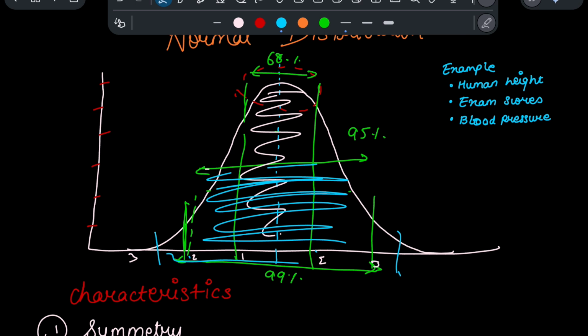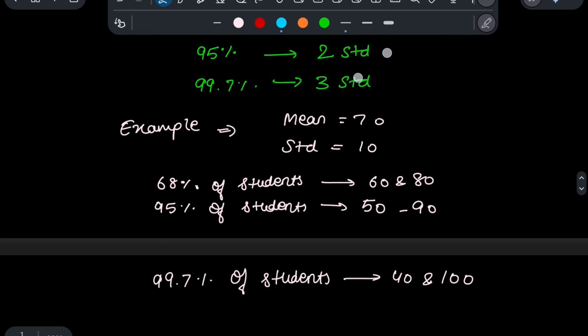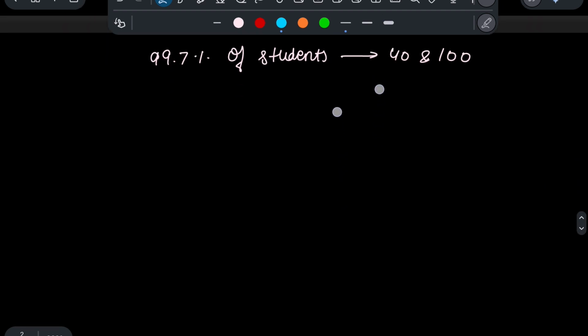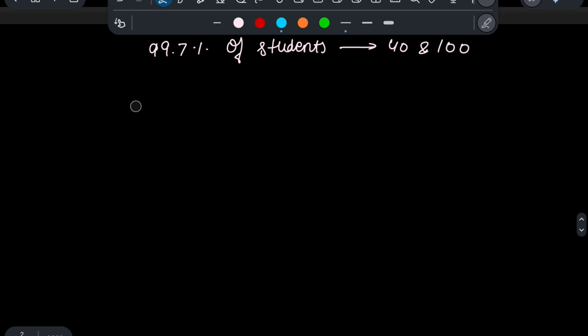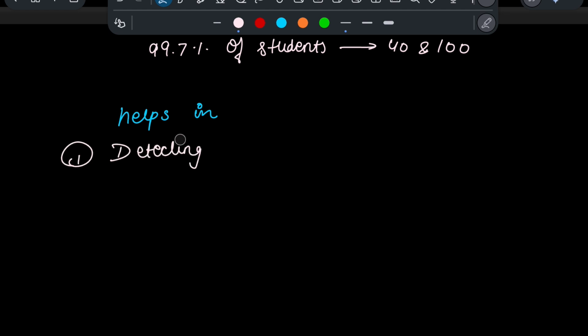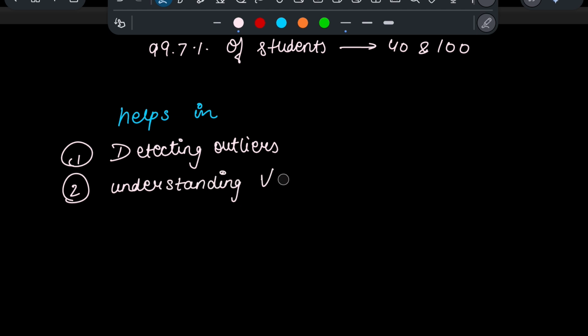Now let us talk about how the normal distribution is used in data science. It helps in detecting outliers. Second, it is used in understanding variability.